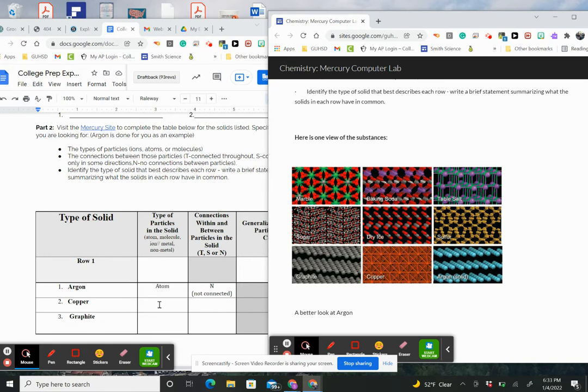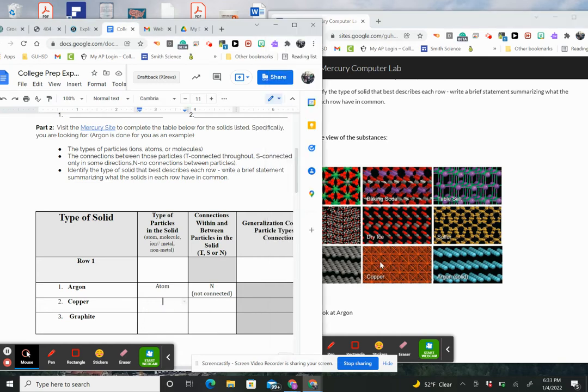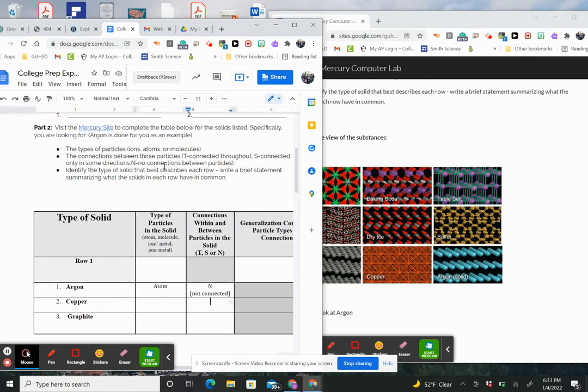Then I'm going to look at copper. Copper actually looks like it's totally connected. It says T for connected throughout or totally connected, S is somewhat connected or connected in some sections, and N is no connection. So right here, I would put totally connected for copper.